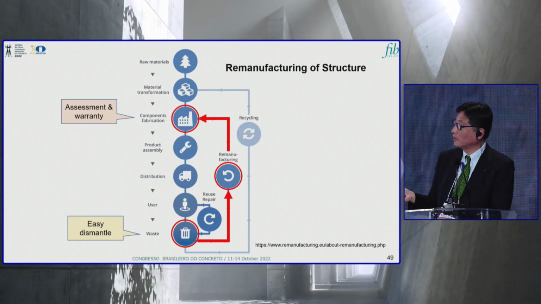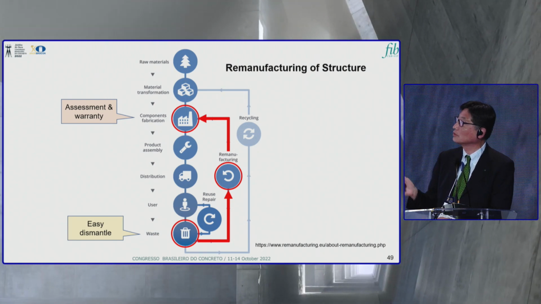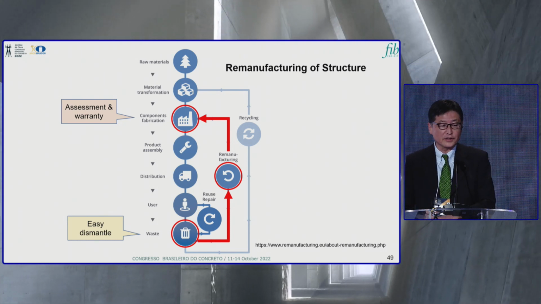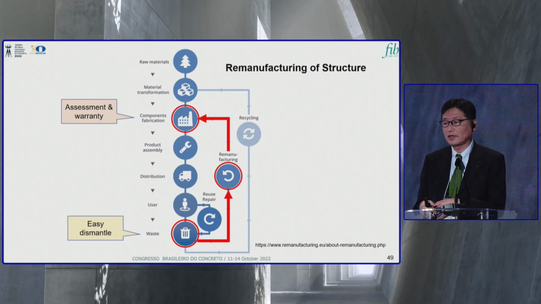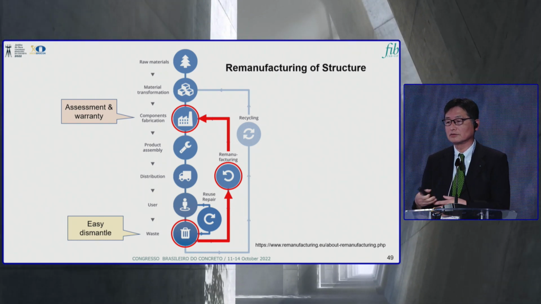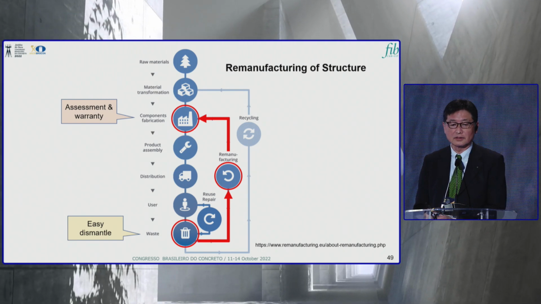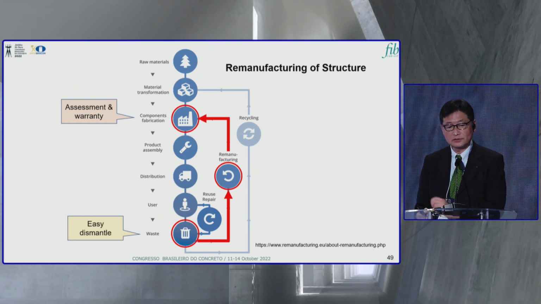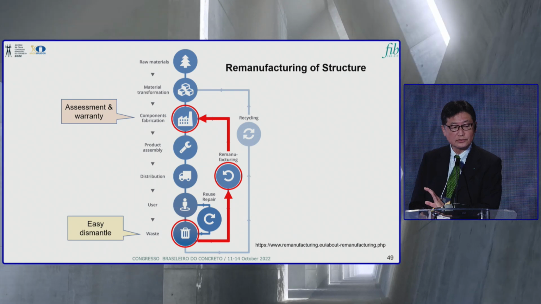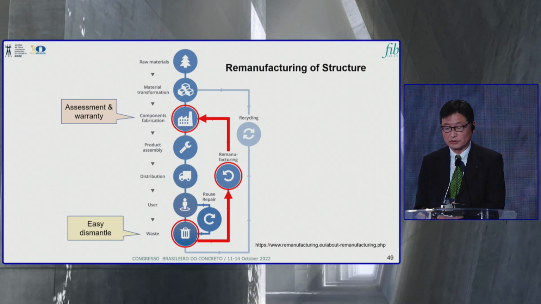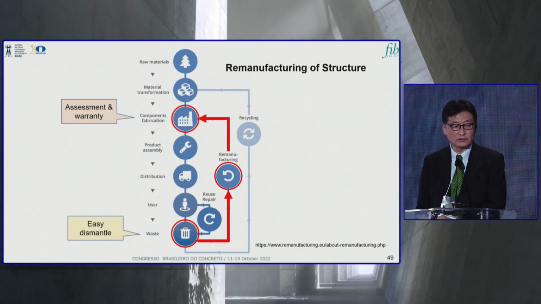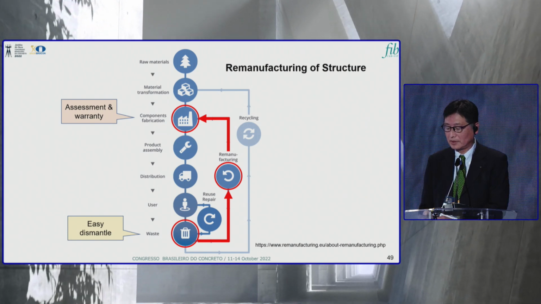But in remanufacturing, the member goes to components fabrication to assess how it has deteriorated and to warrant that this is a new member. So this is a very new concept and also new technologies, but we need to develop many things.